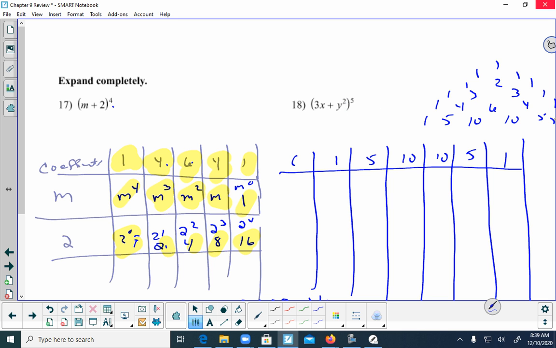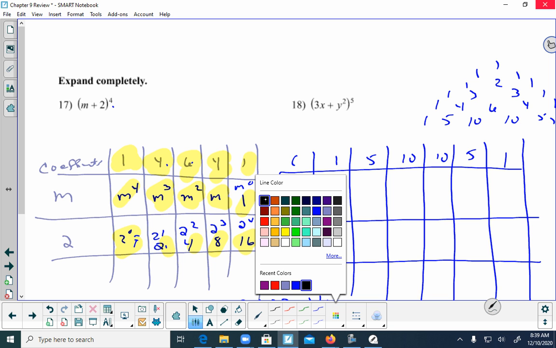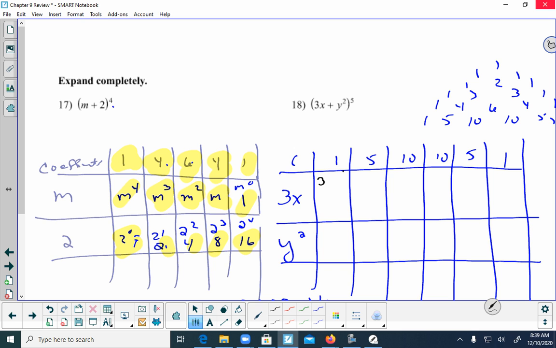This first term is 3x, and then the second term is y squared. So I'm going to start with 3x to the 5th, which will be 243x to the 5th. Oh no, to the 5th, my bad. Here, this is 81x to the 4th.